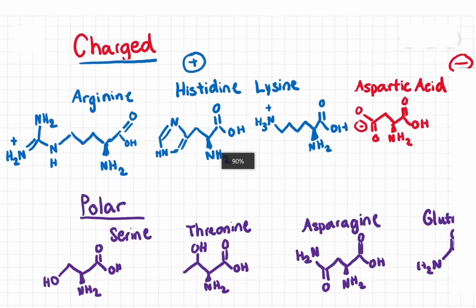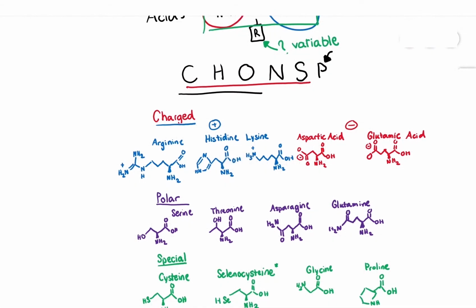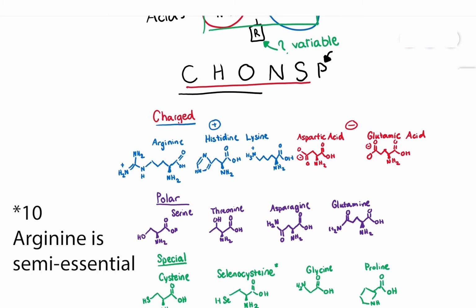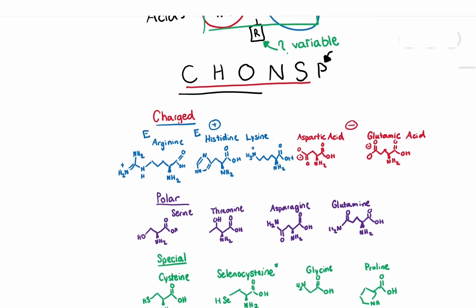So the first amino acids I'll be talking about are the charged amino acids, and these are positively charged. Now, I mentioned that there were 9 essential amino acids. 3 of them are arginine, histidine, and lysine. And again, this doesn't mean that other amino acids aren't essential. It's just that these cannot be produced by the body.